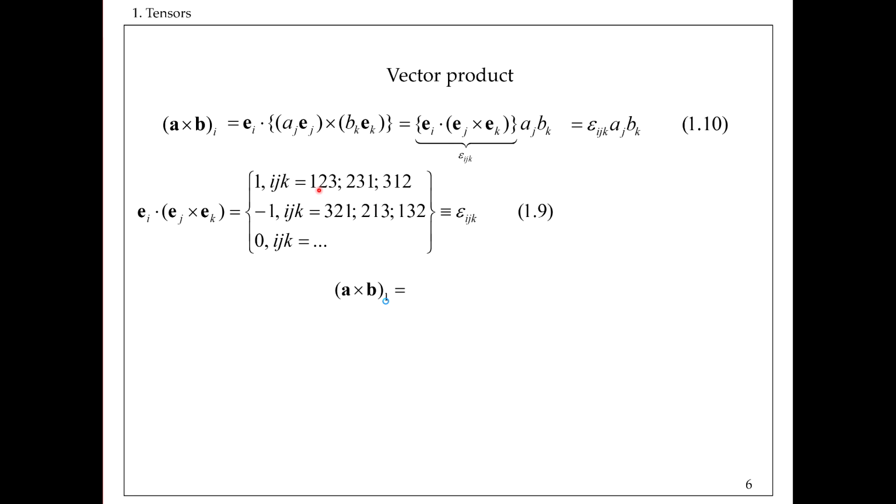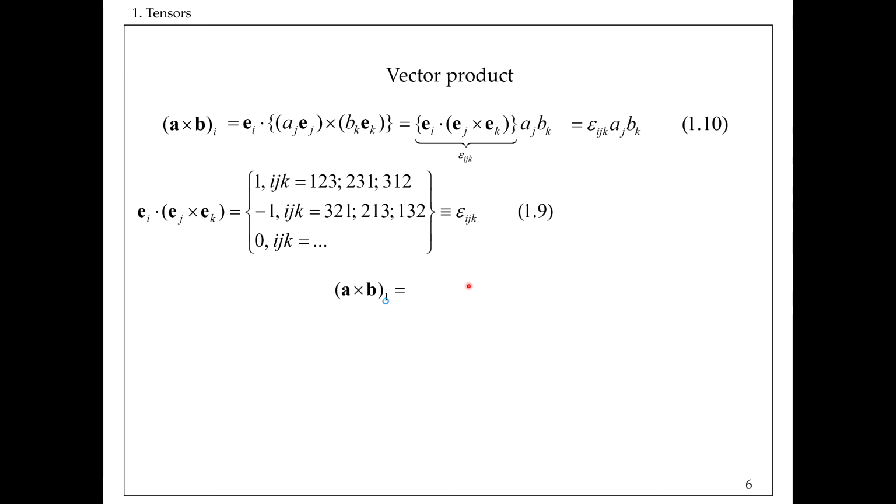The one that is positive is j equal 2 and k equal 3, so I assign j equal 2, so a2, and k equal 3, so b3. So the first term in this summation will be plus 1 a2 b3.